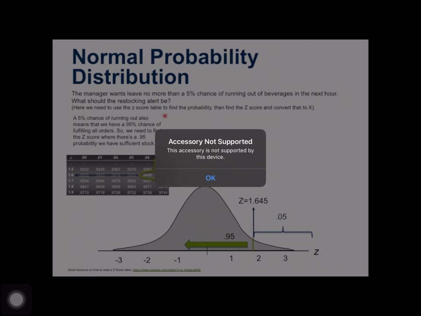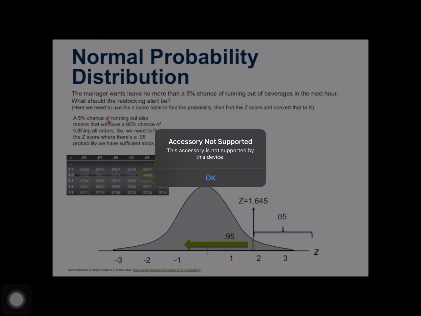Here we're going to use the z-score table to find the probability and then figure out what the amount is. In this case, that's going to be our x. So we have a 5% chance of running out, but that also means that we have a 95% chance of fulfilling all the orders. This is really important logic when you're seeing these kinds of probability problems.